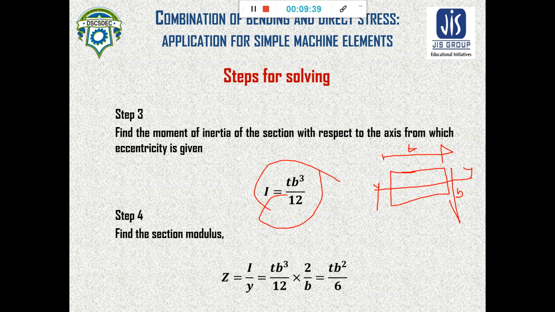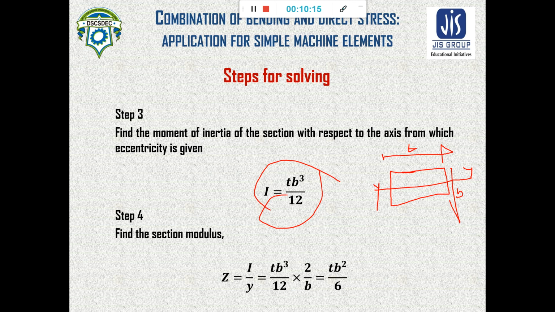After getting the I value, what do we need to do? We need to find out the section modulus value, that is Z. And what do we know about Z? Z is nothing but moment of inertia by distance. For this type of case, the distance will be from the neutral axis to the topmost fiber or outermost layer, which is B by 2.